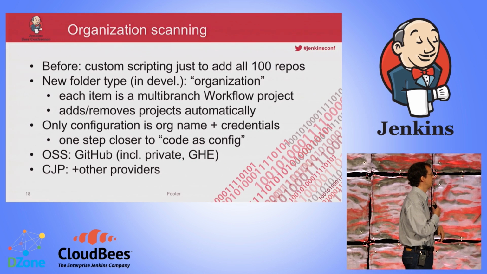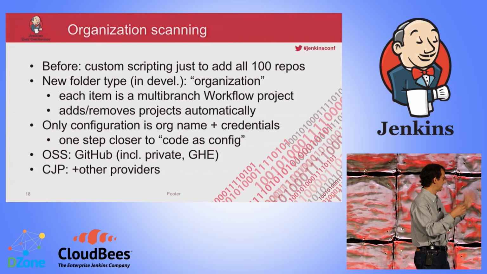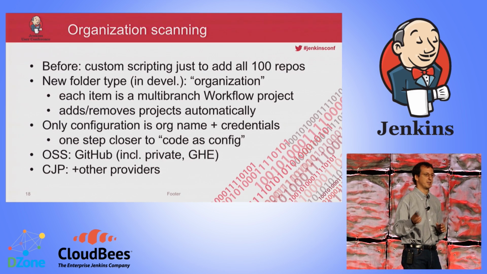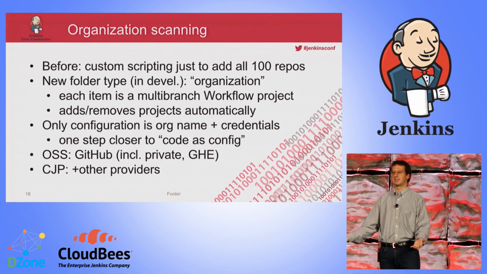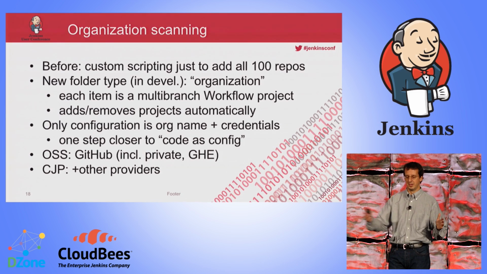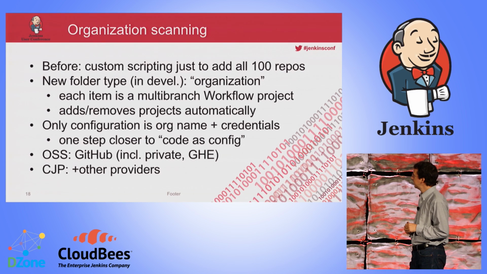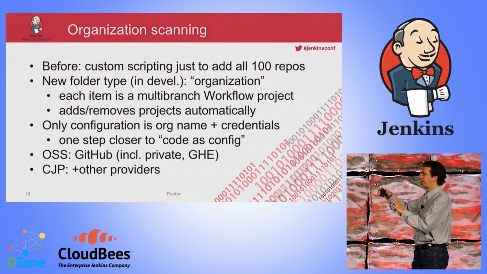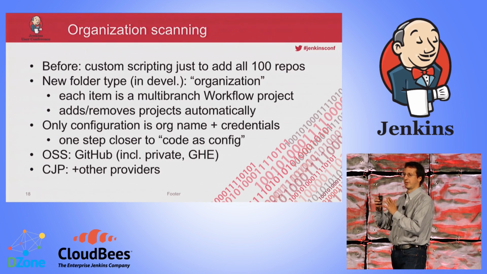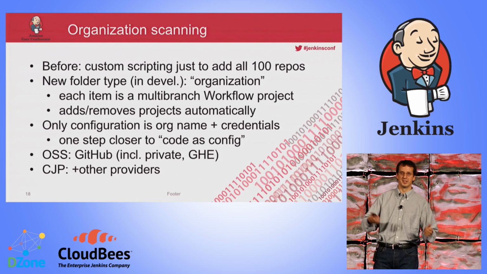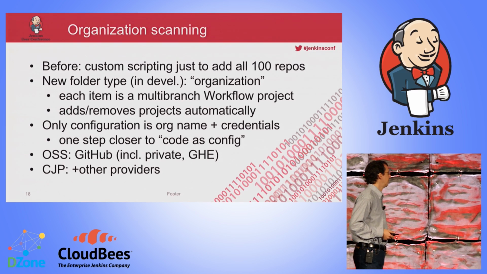After that point, Jenkins uses GitHub APIs. It finds all of the repositories in that organization that have a Jenkinsfile in it. It automatically sets up projects for all of those in a kind of a folder that has all of these projects in it. And each of these projects is in turn a multi-branch project, so it automatically knows how to deal with different branches and pull requests and everything inside that project.